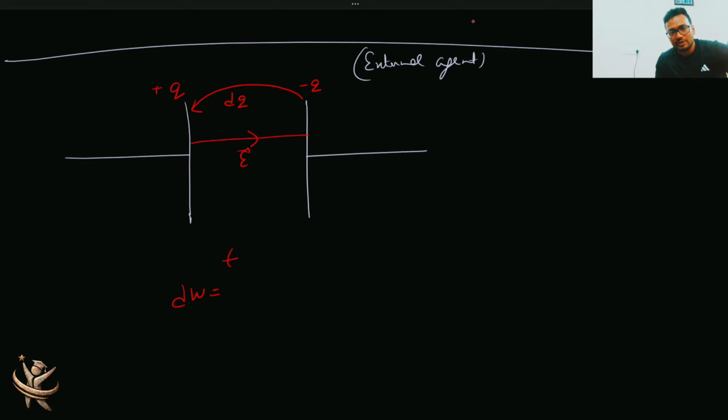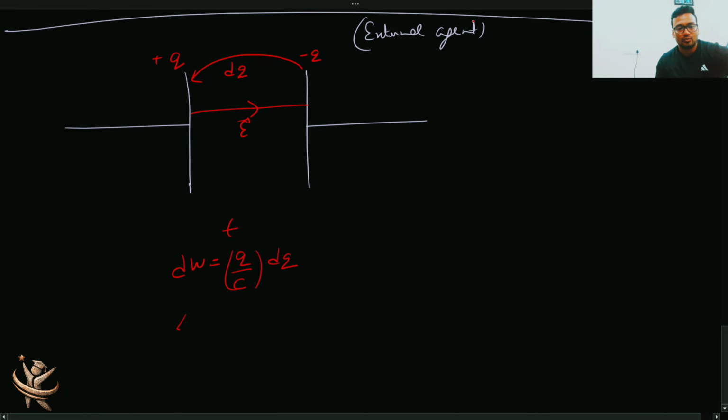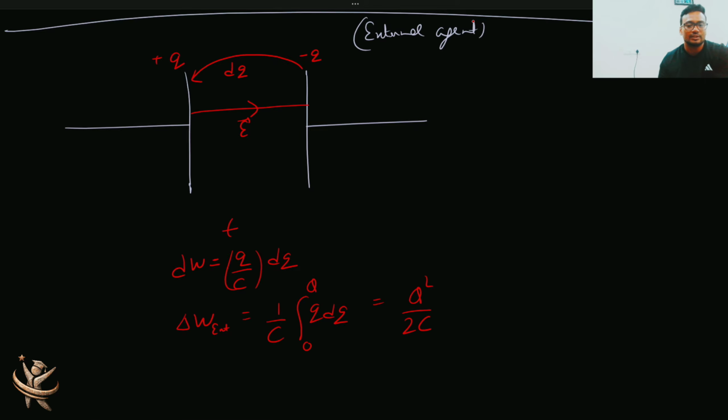You have a potential difference between these plates, which is q by C, into dq, right? So what is the total work done by that external agent to charge this capacitor? So 1 by C, integral of q dq from 0 to Q. So it will be Q square by 2C.